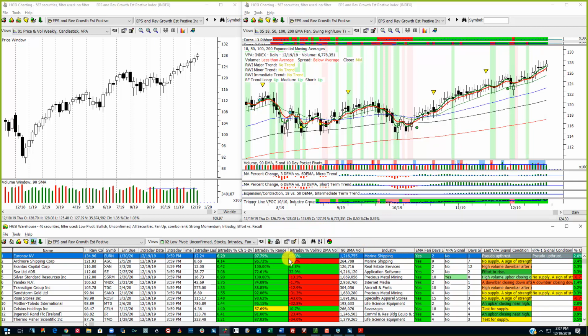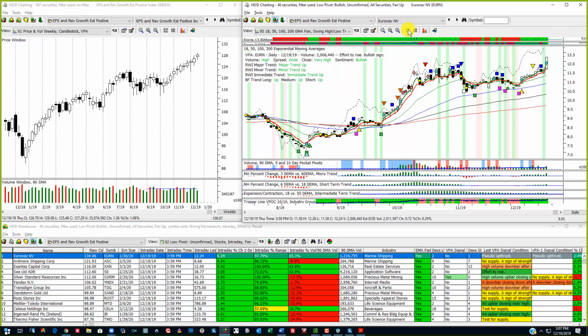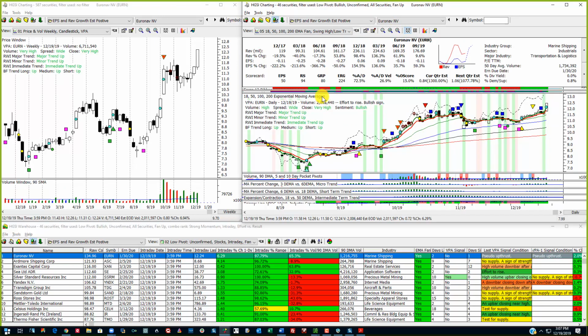So this tells me immediately that this stock has good earnings growth. And what you do is you open up the fundamental panel, and you can see that these numbers are all positive for the last 4 quarters, which is comparing these numbers to the same quarter 1 year ago. And the revenue growth is also positive.